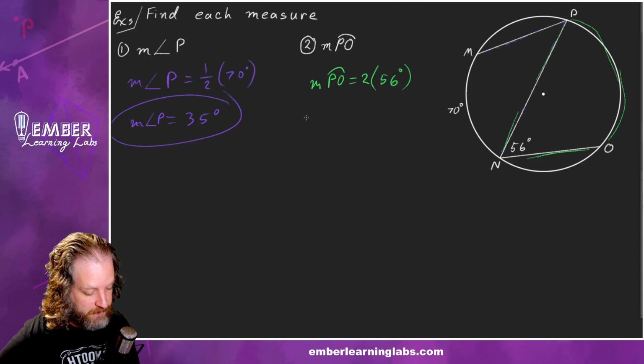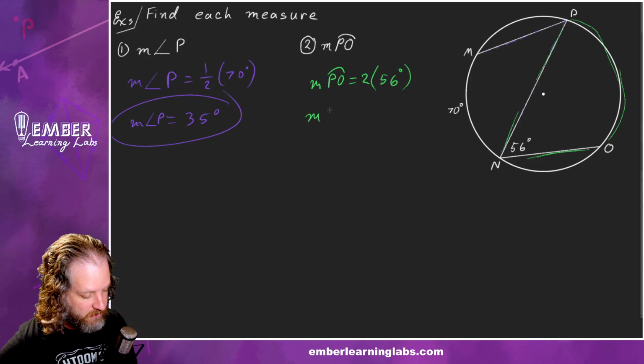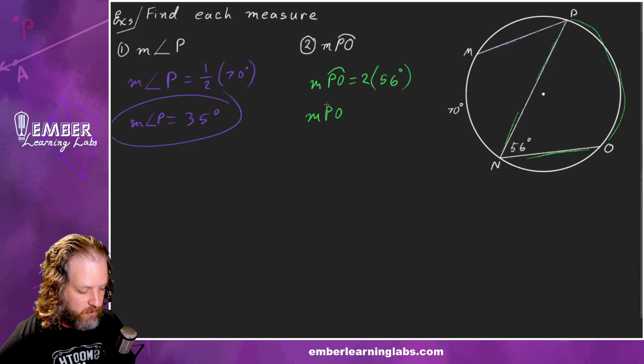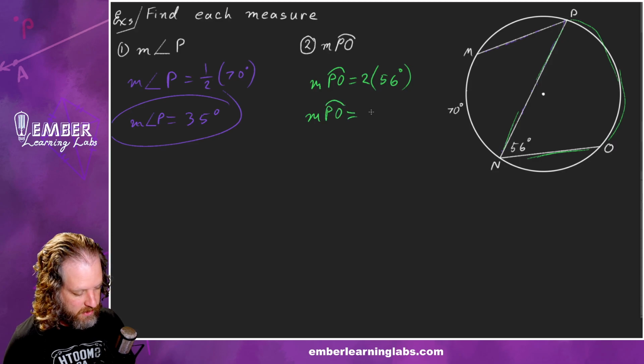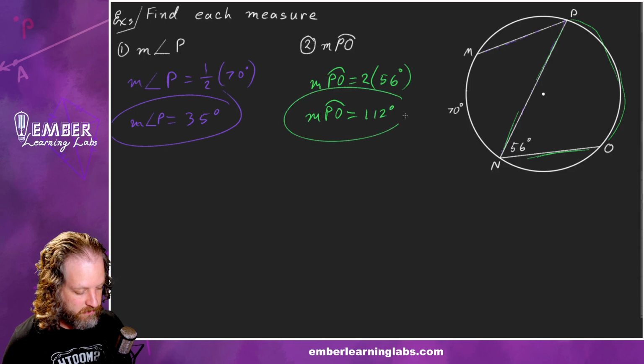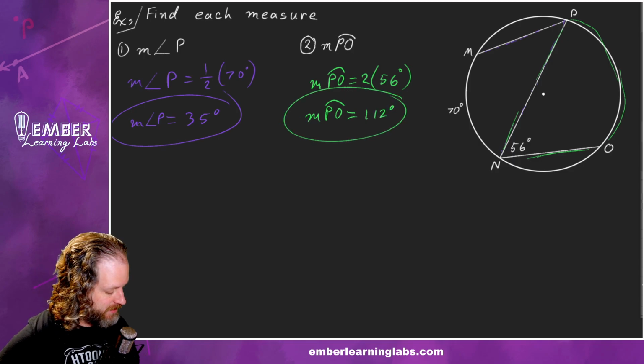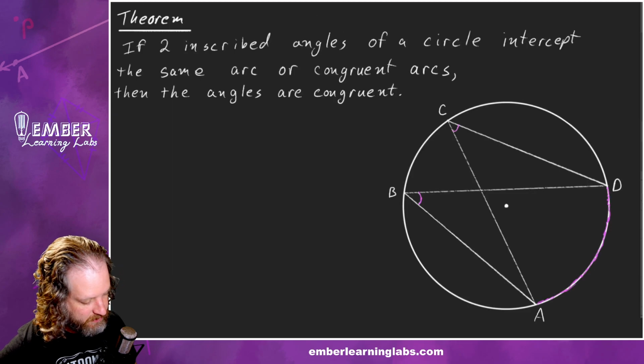So 2 times 56 degrees is 112. So the measure of arc PO is 112 degrees. No big deal. Easy peasy. Let's do the next one.